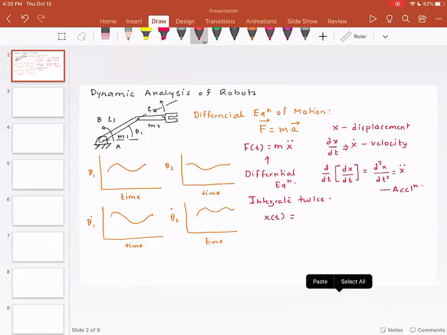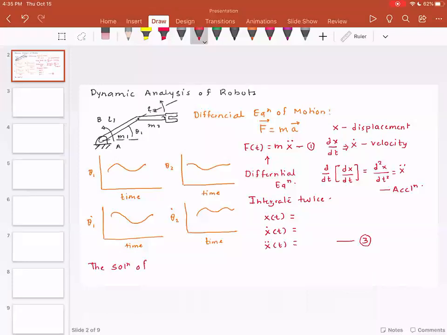So in other words, I need to find out x, x dot, and x double dot in such a way that when I substitute the equation for x double dot, which is equation 3, in equation 1, it gets satisfied.